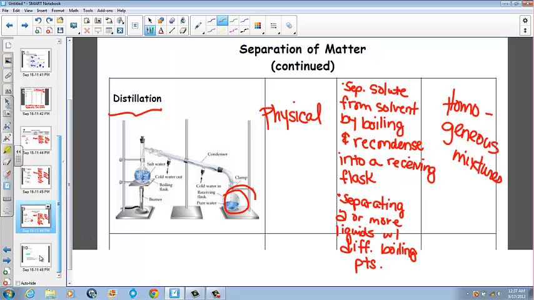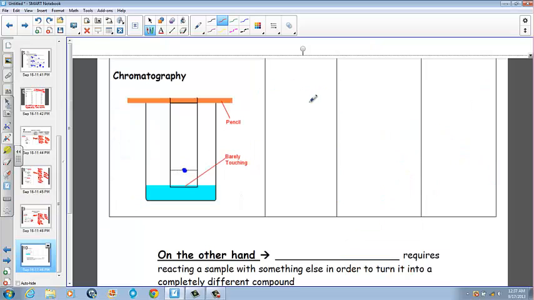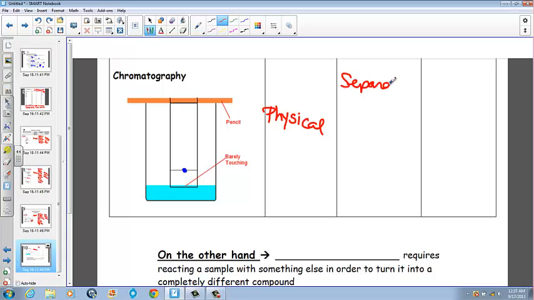And let's look at the last one, chromatography. Chromatography is, again, a physical means of separating a mixture. This basically separates particles by two ways: one, size, and two, solubility.